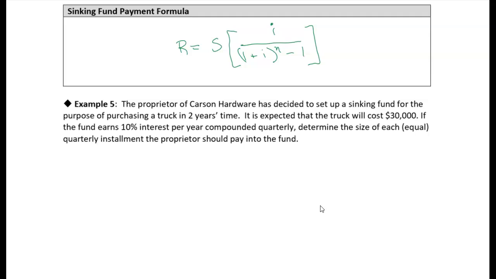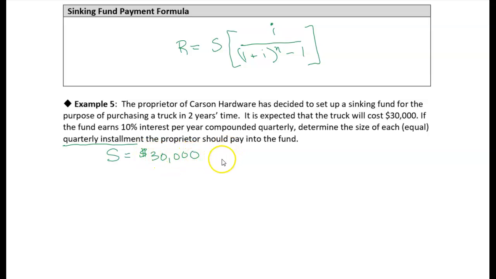Determine the size of each equal quarterly installment that the proprietor should pay into the fund. So we're looking for the quarterly installment, that's the R, and we're given the future value.